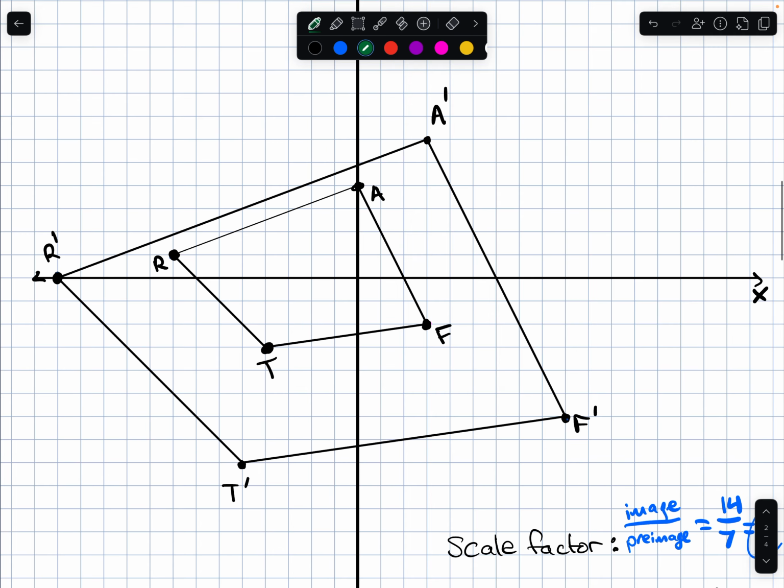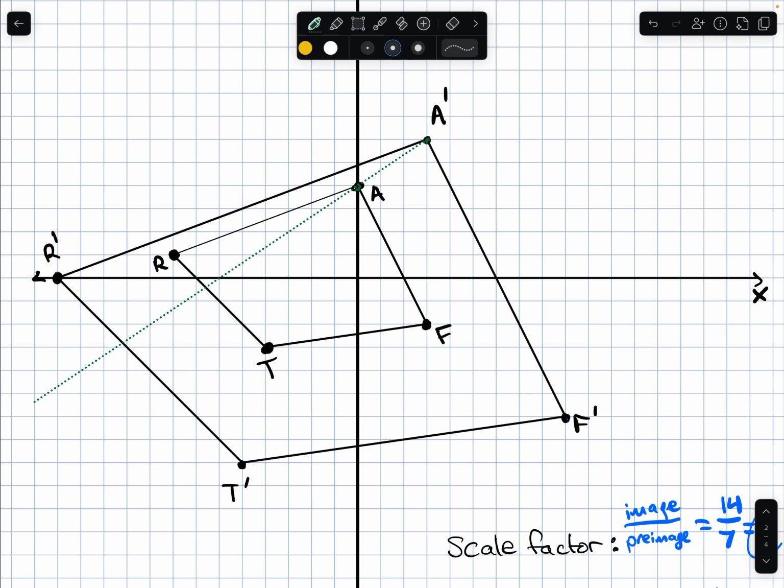But if it's not centered at the origin, we need to rely on the fact that corresponding points like A and A prime will always be collinear, or on the same line, as the center of dilation. So if I look at the line through A and A prime, the center of dilation has to be somewhere on this green dotted line.